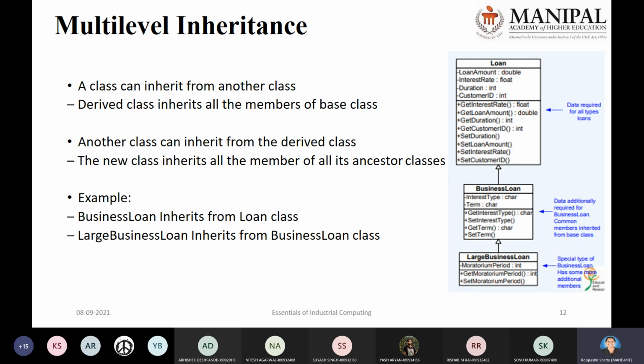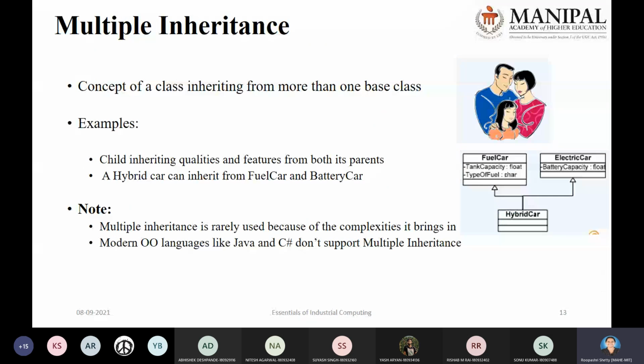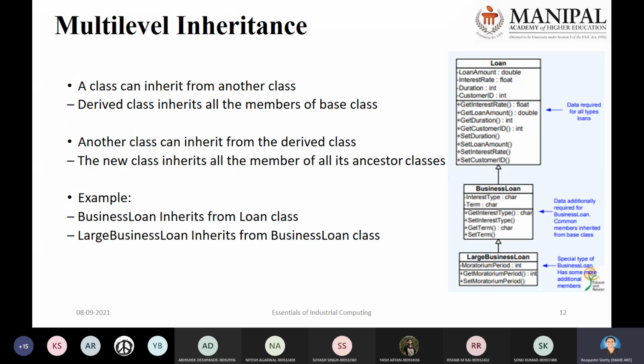Business loan class is a derived class of loan class, so it is not required to include the member variables and member functions of loan class again. Similarly, large business loan class is a derived class of business loan, so the interest type and term of business loan you do not have to redefine in the large business loan class. That is about multi-level inheritance.